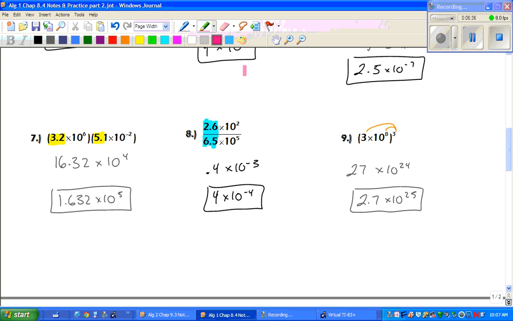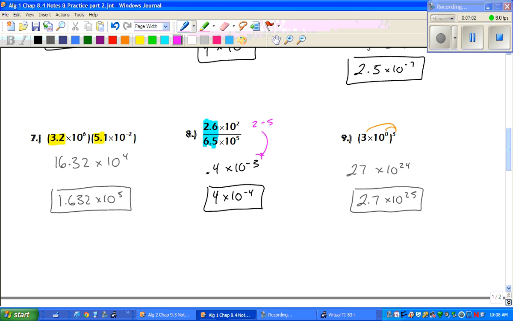Okay, and there are your answers. So for number 7, remember we had to multiply those two numbers, and we get 16.32, and 6 minus 2 is 4. Now this is not in proper scientific notation. We're going from a big number, and we want to go smaller, so we added an exponent. For number 8, we divided those numbers, and we get 0.4. Now remember, right here, this is 2 minus 5.